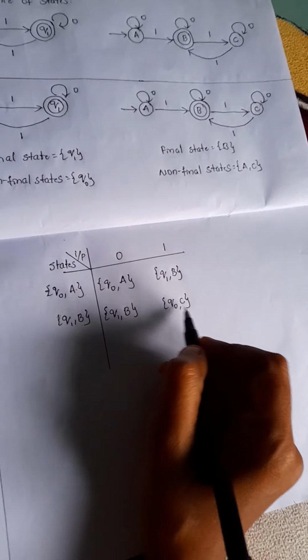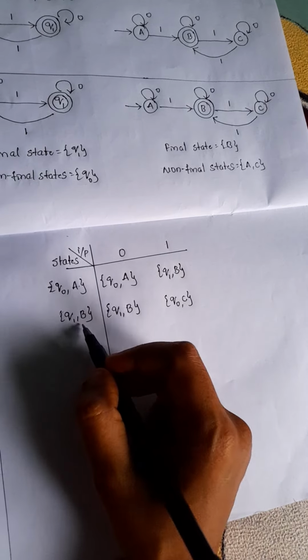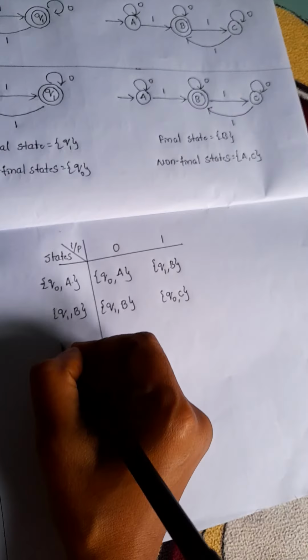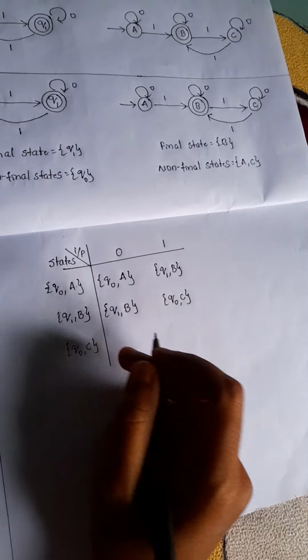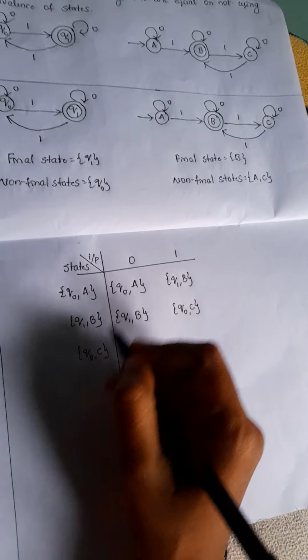Again in this row, Q1 B is already there, but Q naught C is a new state, so we write its transitions.